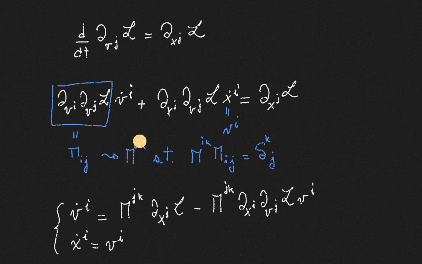A point in the tangent space is position and velocity, x v, and we are given a curve, and we are saying that the time derivative of the x part should be the v part, and the time derivative of the v part should be this expression. So this is just a vector field.